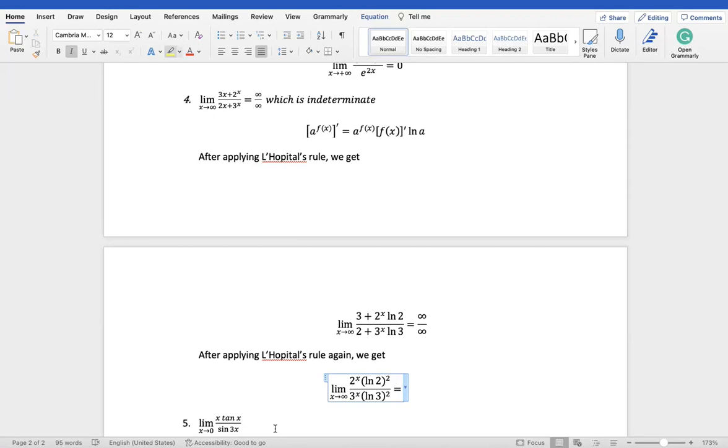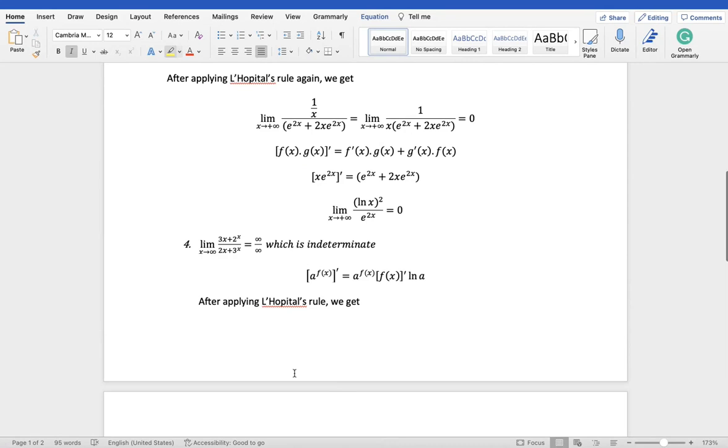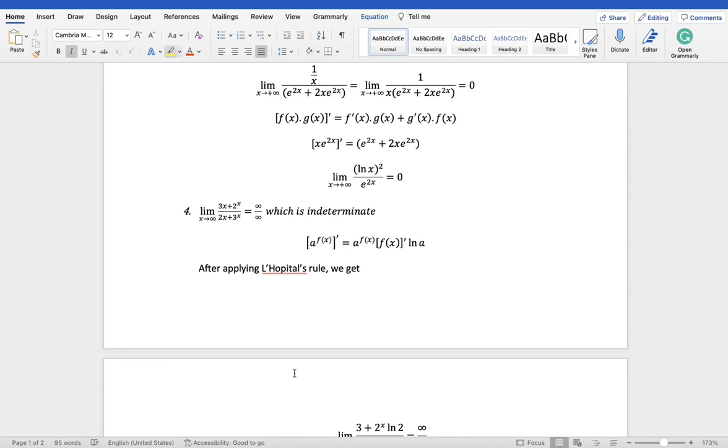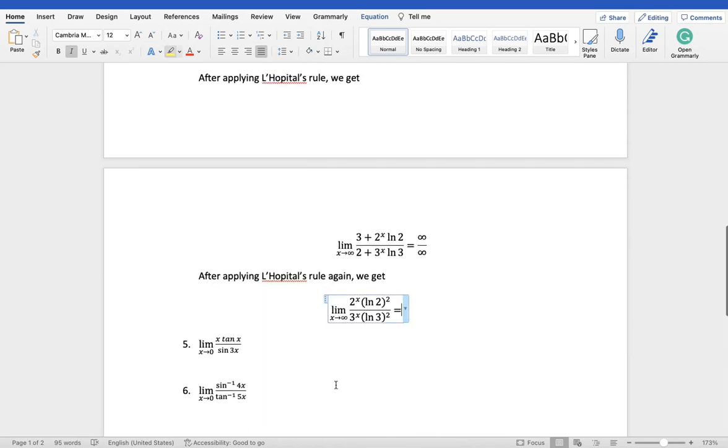Okay, so now we're getting to a point that you guys will have to pay attention to. As you can see here, we will have 2 to the x in the numerator and 3 to the x in the denominator. But now think about it. As x is tending to infinity, will the numerator be bigger than the denominator or smaller than the denominator?